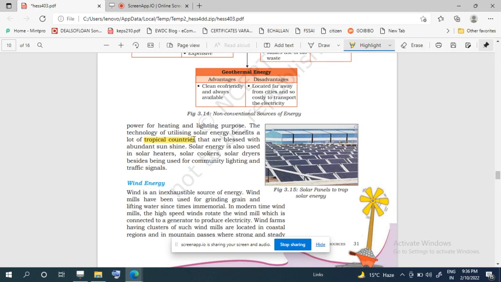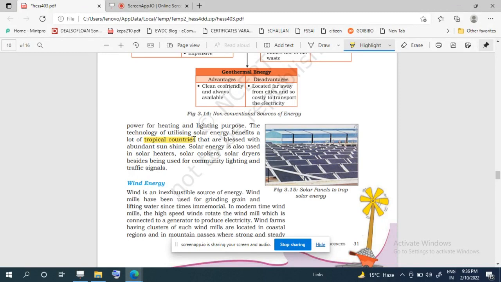And solar energy is used in solar heaters, solar cookers, solar dryers, and it is also used for community lighting, like at public places, in parks, in railway stations. We can use this solar energy for the purpose of lighting, and it can also be used for traffic signals.